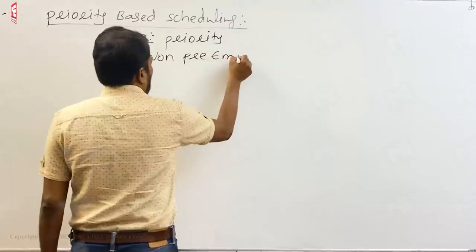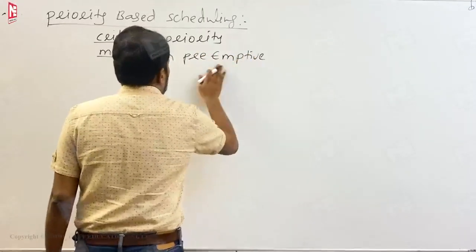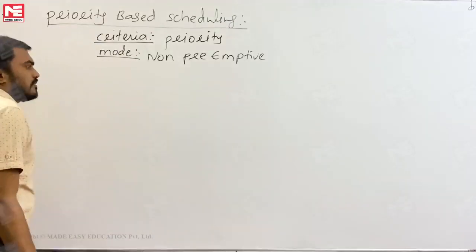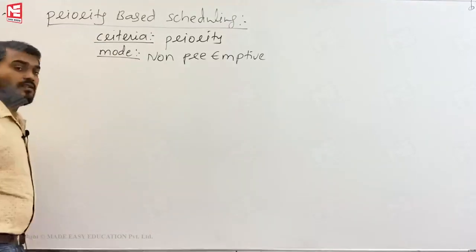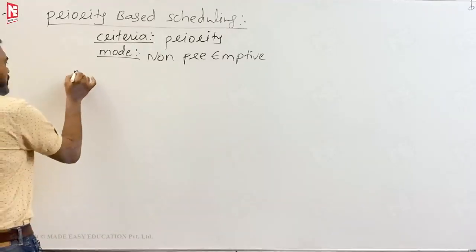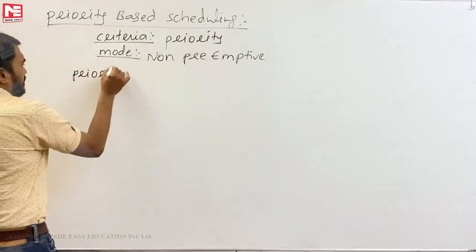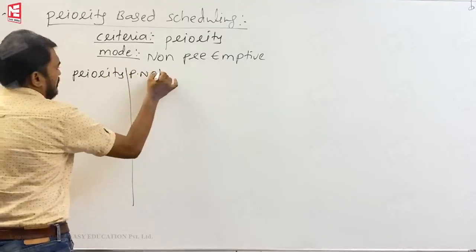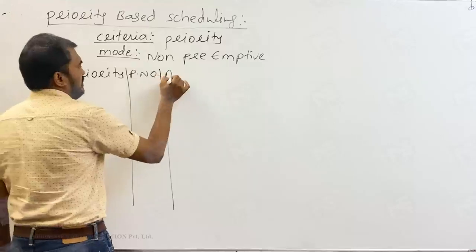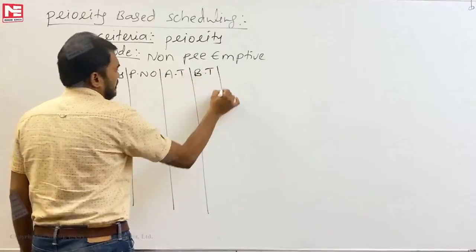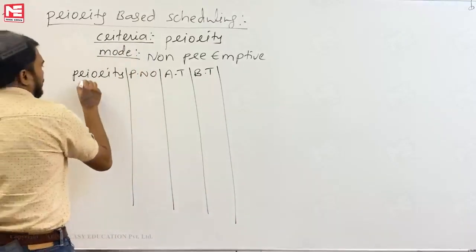So we will take up the non-preemptive priority first. Note down the first question. In this, every process will have the additional parameter of a priority. I will explain. Let's say we have the process number, arrival time, and burst time.